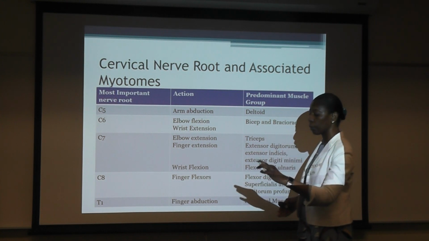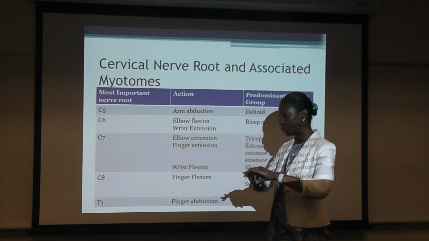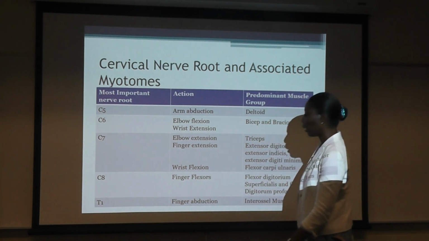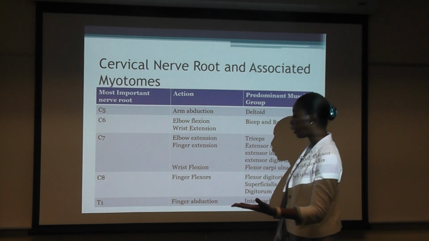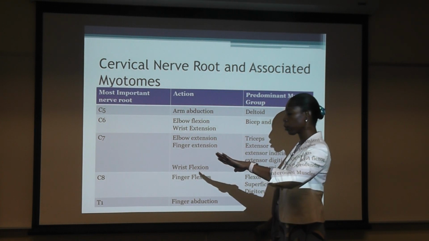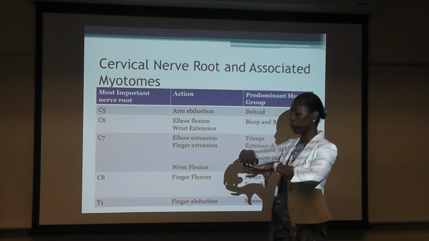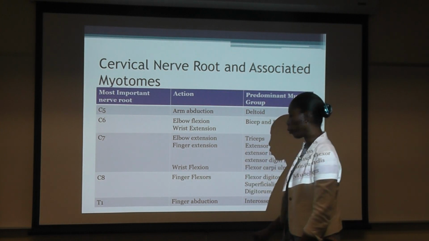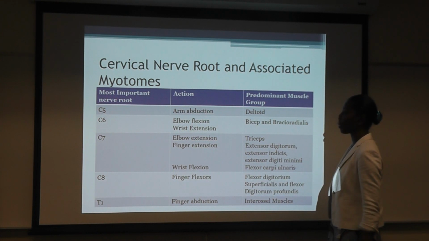And C8, actually have them hold their fingers like this and not let me pull them out, okay? And then T1, T1 is the interosseous muscles. You have to pull my fingers out. Don't let me pull them together. And that's T1, okay? So this is how you're going to assess them, okay?